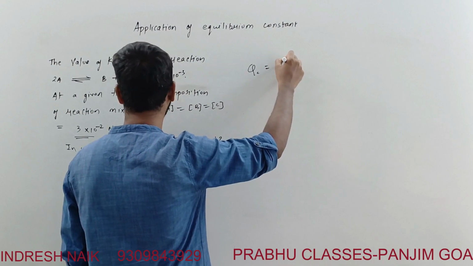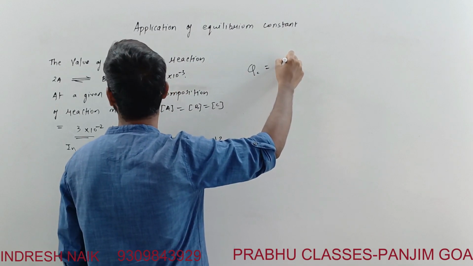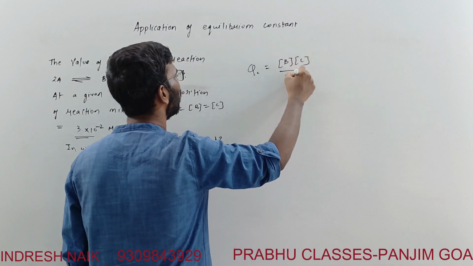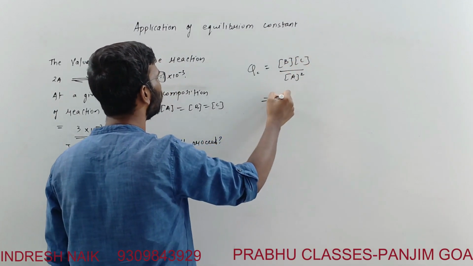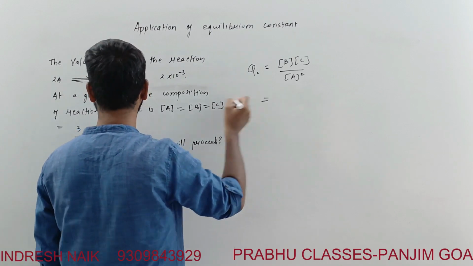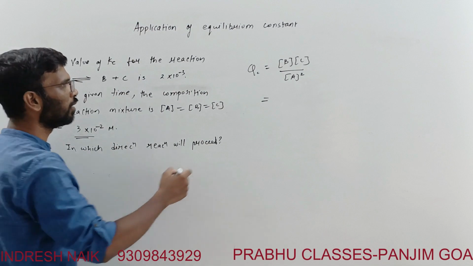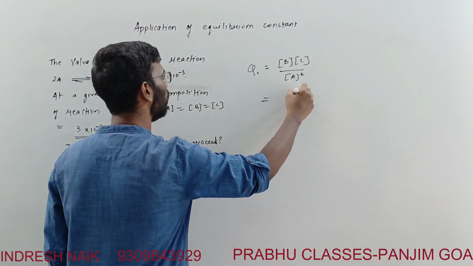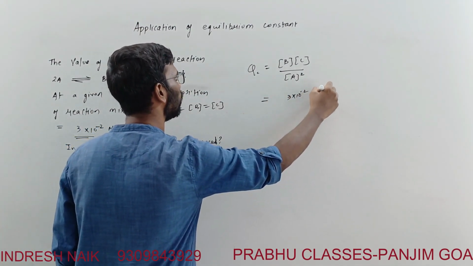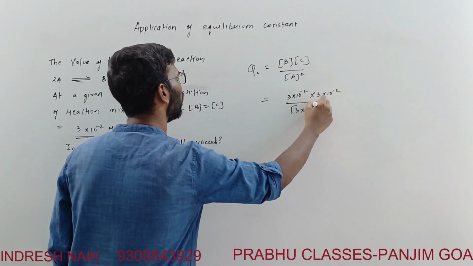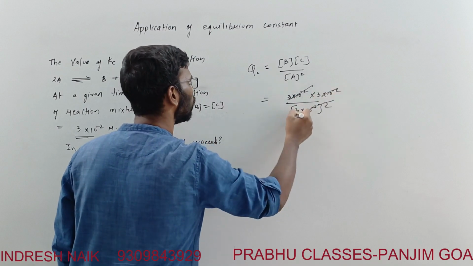So I'll write it over here. Product is concentration of B times concentration of C upon concentration of A raised to 2. The concentration of B is how much? Same, A, B, C, everything is the same. So here this is 3 into 10 raised to minus 2, 3 into 10 raised to minus 2, and down it is 3 into 10 raised to minus 2 the whole square. This and this will get cancelled.